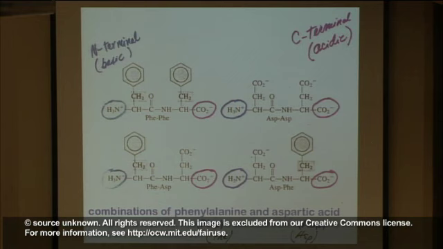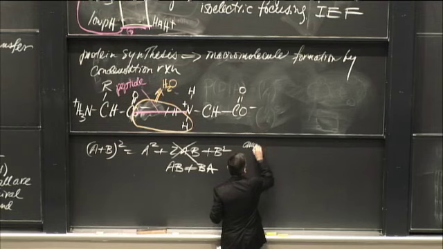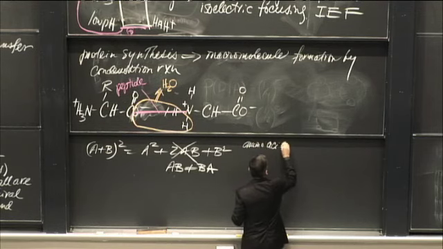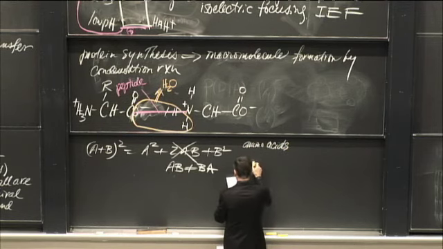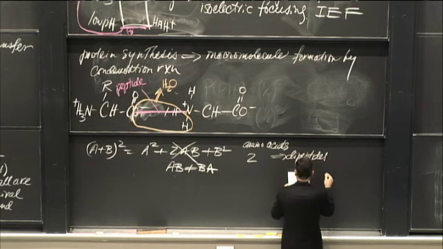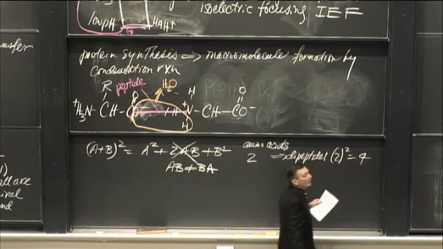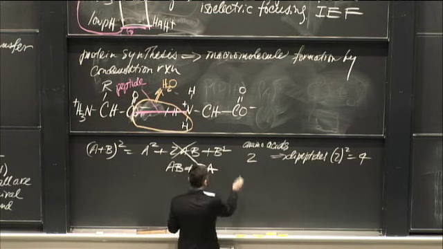If I start with 2 amino acids, and I want to make dipeptides, well, that's trivial. That's 2 squared is 4. So I got 4 different dipeptides starting with 2 amino acids.